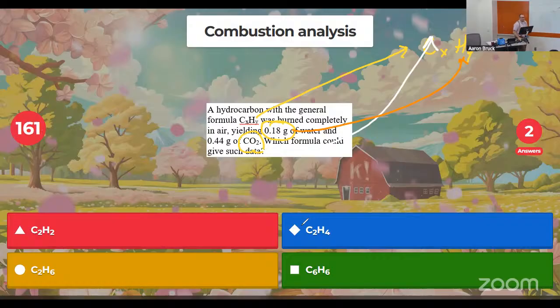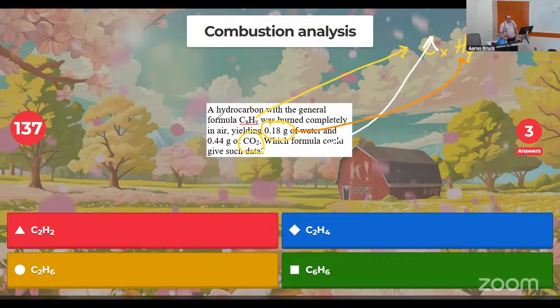Now, here's where recognition comes in. You've done a lot with water, you've done a lot with carbon dioxide over the course of this semester. What's the molar mass of water? 18. 16 for oxygen, 2 hydrogens, 18 total.